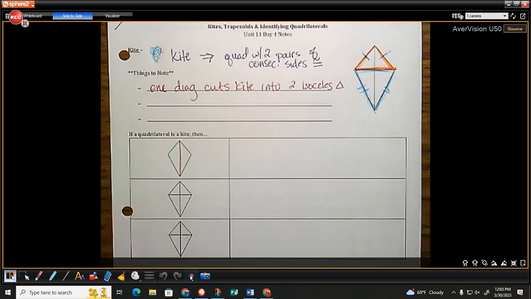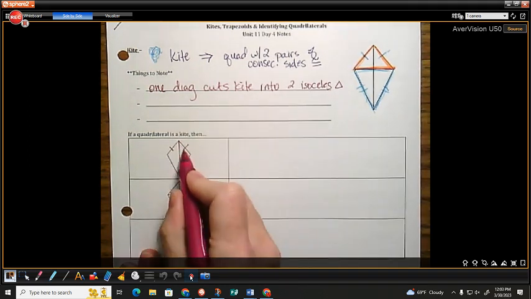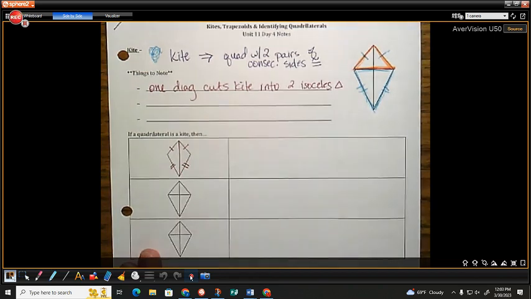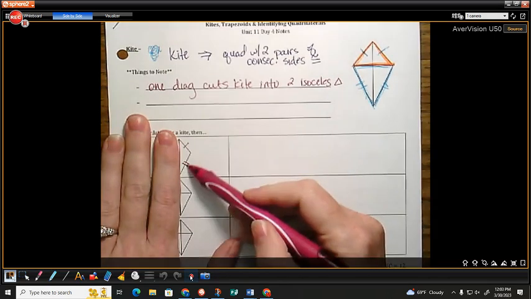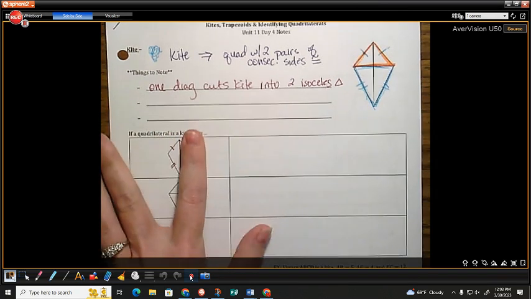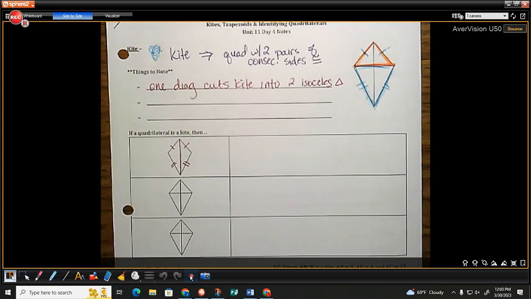Are those isosceles triangles? No, because these 2 were congruent and these 2 were congruent, but is that isosceles right there? No. And is that isosceles right there? No. So only one of the diagonals makes isosceles triangles. Okay?